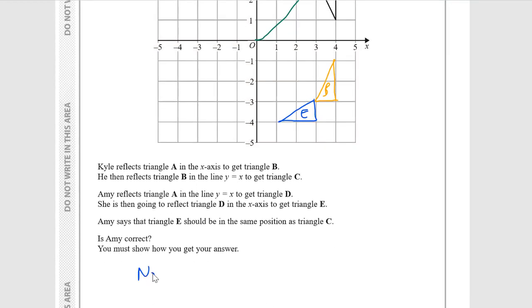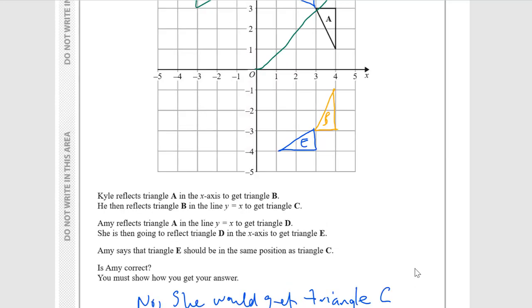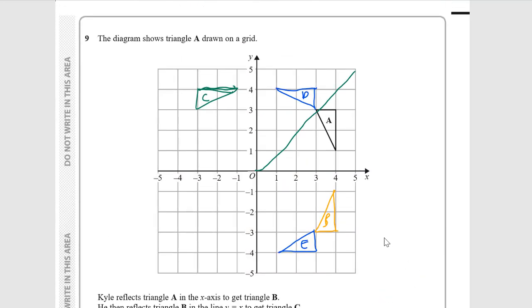So she would get triangle C if she reflected D in the y-axis.